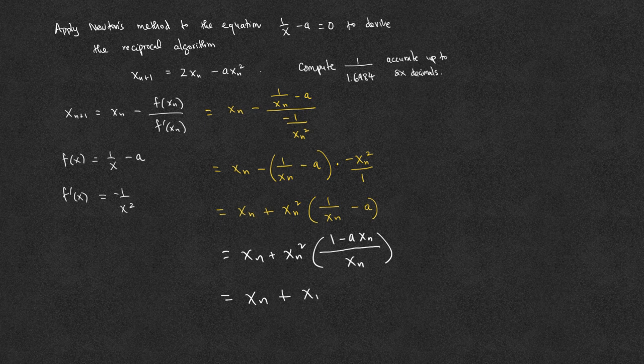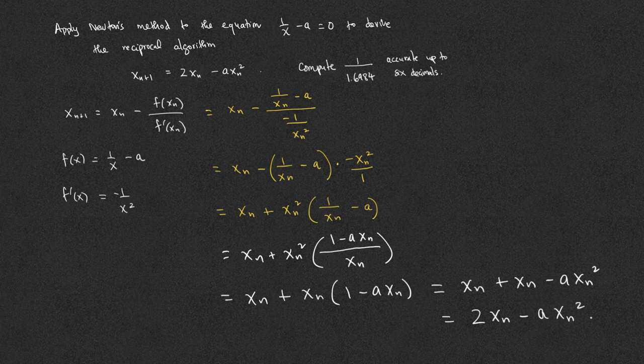Cancel one factor of x sub n. We end up with x sub n times 1 minus a x sub n in the second term. This is x sub n plus x sub n minus a times x sub n squared, or 2x sub n minus a times x sub n squared. This is what we are asked to derive, and we did it using Newton's method.